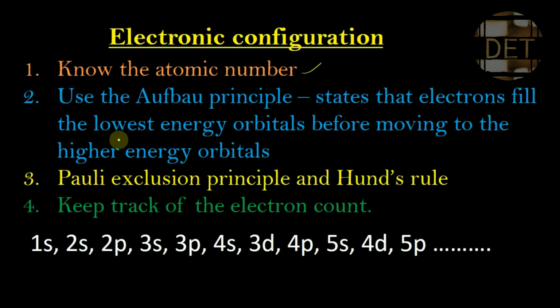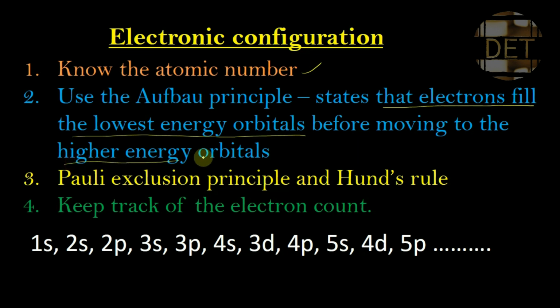electrons fill the lowest energy level orbital before moving to the higher energy orbital. So this is simple. The Aufbau principle simply states that electrons will first of all fill the lowest energy orbital before they progress to the higher energy orbital.